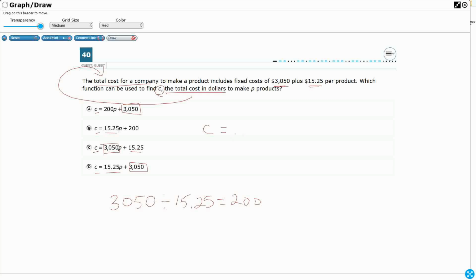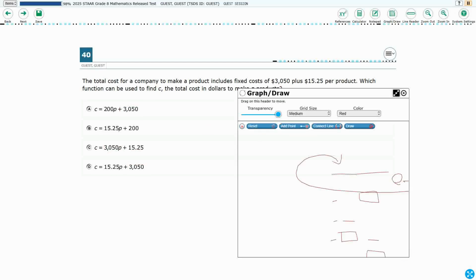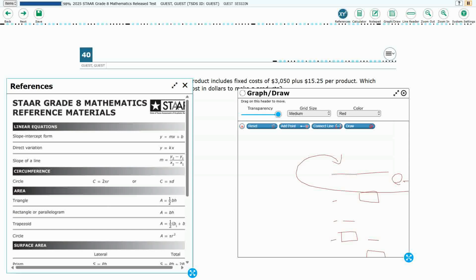But notice the form here. It's equals blank P plus blank. So we've got the C and the P as our two variables, and this should look familiar. I'm hoping that you recognize this formula right at the very top. Something we spent a lot of time talking about in 8th grade, slope-intercept form.